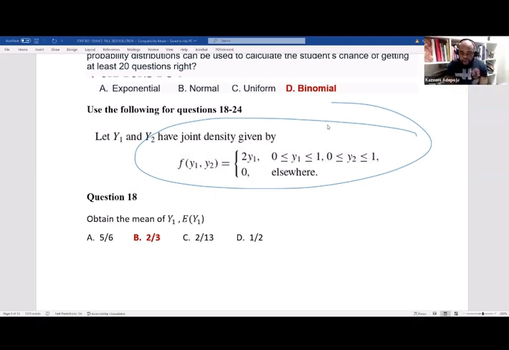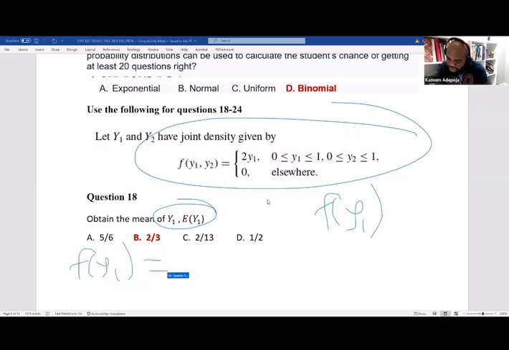Now, if I want to figure out the expectation of y1, which is the mean of y1, then I need to first get f of y1, the marginal.